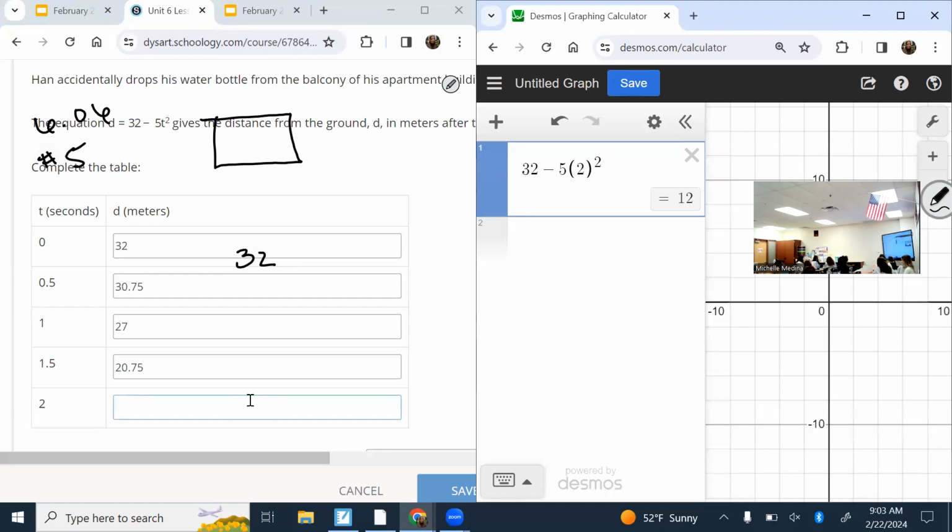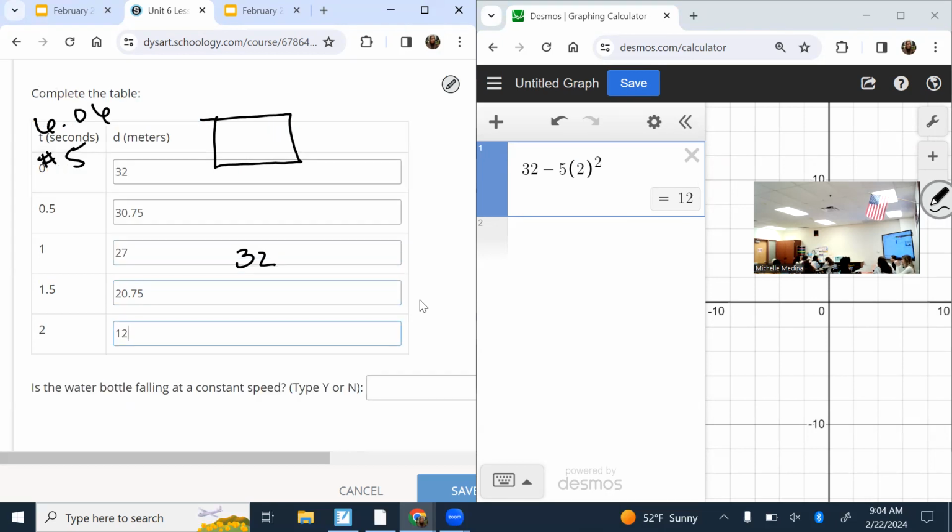When t is 2, the output is 12. So that's that part. Questions on making the table of values? Then it asks, is the water bottle falling at a constant speed? Remember that constant kind of goes hand in hand with linear. So you could try graphing it, seeing if it gives you a perfectly straight line. You could try seeing, does it increase or decrease by the same amount each time?